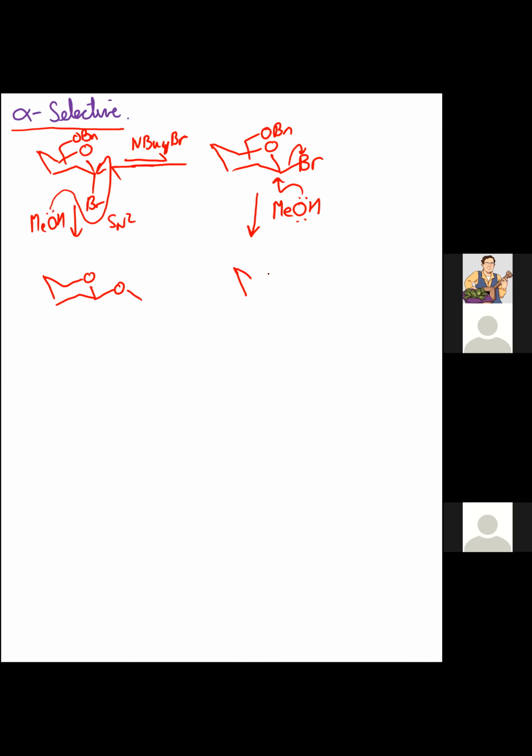And what we're taking advantage of here, and again, if you flip back to previous lecture, is the fact that this is fast. This is slow. This is fast. So we have a fast equilibrium.